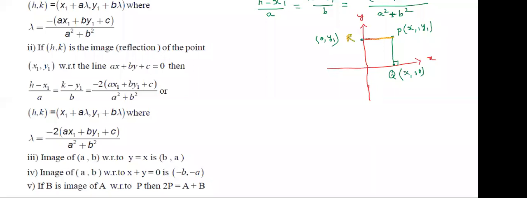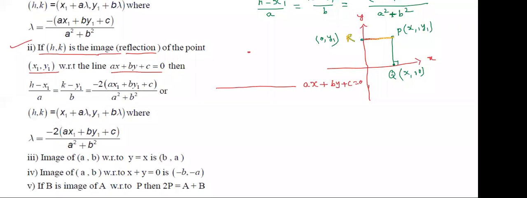Now see here, the second point: if h comma k is the image or reflection of the point x1 comma y1 with respect to the line ax plus by plus c is equal to 0. This is the line ax plus by plus c is equal to 0.